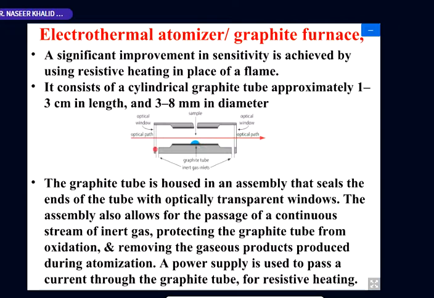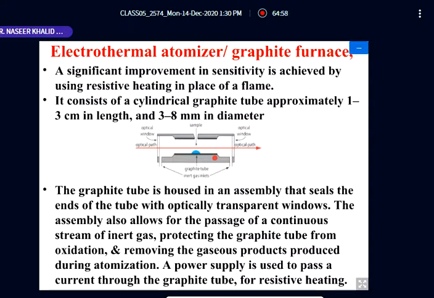When electricity passes through it, there will be resistance, the resistance of the material to the flow of electrons, and the tube will be heated due to this resistance, to an elevated temperature above room temperature.